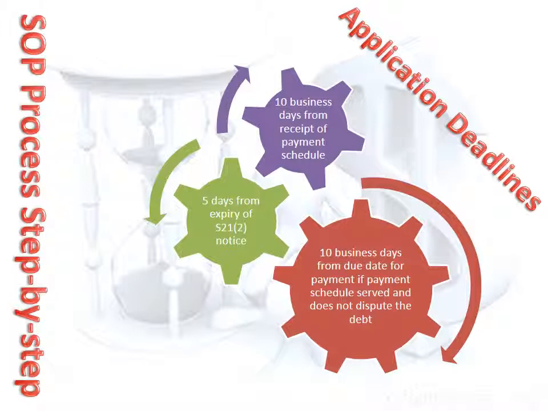The third situation is when the client failed to serve a payment schedule and the contractor has issued a notice of intention to go to adjudication. In each case, there is a specific timeline that the claimant must adhere to.